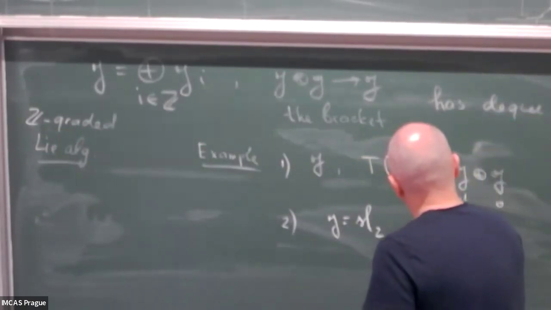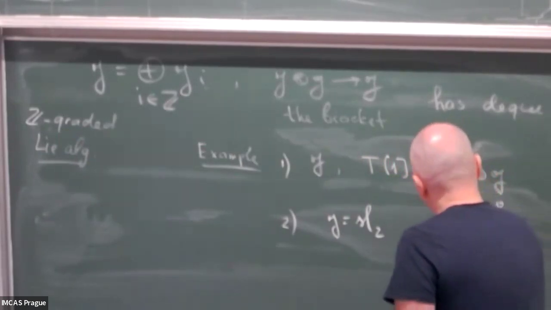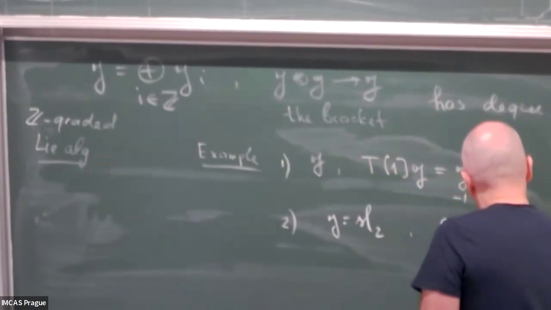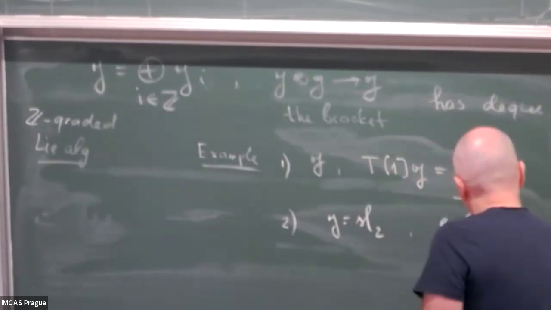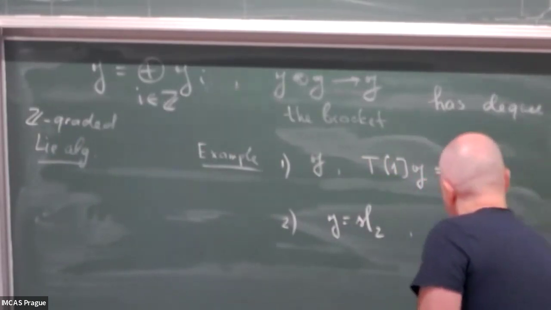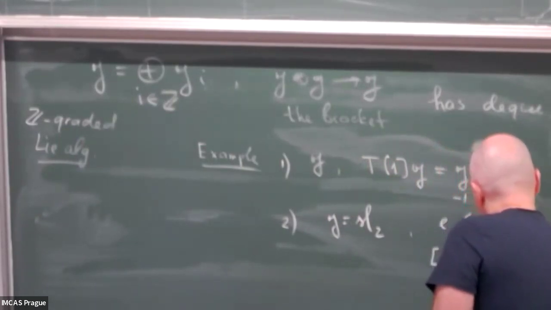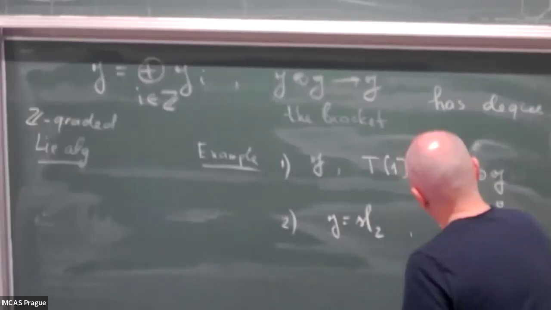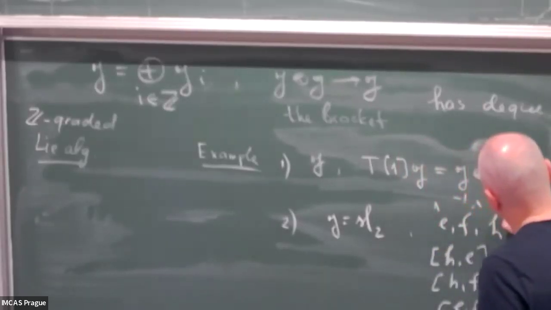It consists of elements E, F, and H with the known commutation relations: H with E is 2E, H with F is minus 2F, and E and F gives us H. Now we can put E in degree 1, or we can put it in degree 2, it doesn't matter, F in degree -1 and H in degree 0.